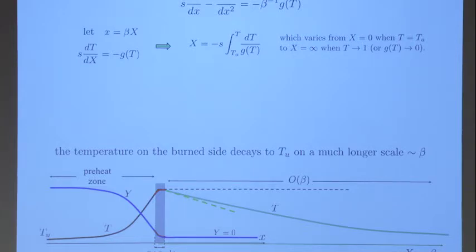This is the resolution that I told you earlier. Just the fact that this straight line goes on, it's not an acceptable solution. The idea is that really that straight line is only the Taylor expansion of an exponential that decays on a much longer scale.